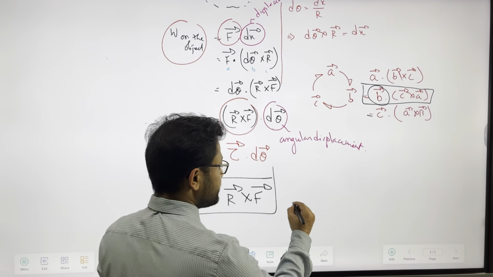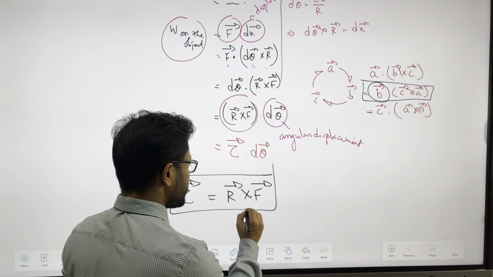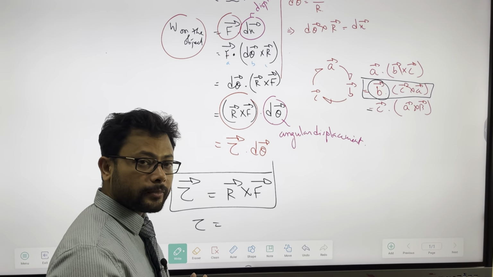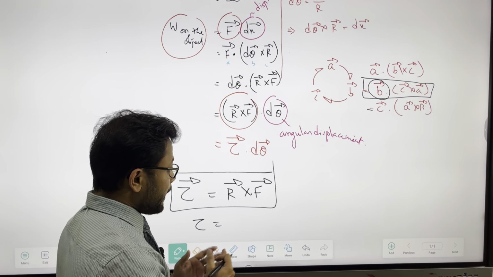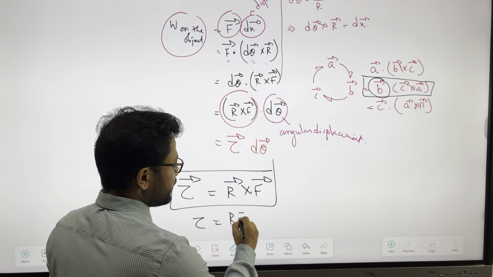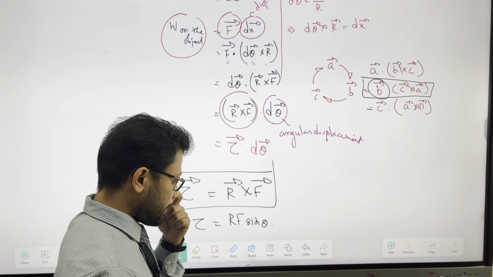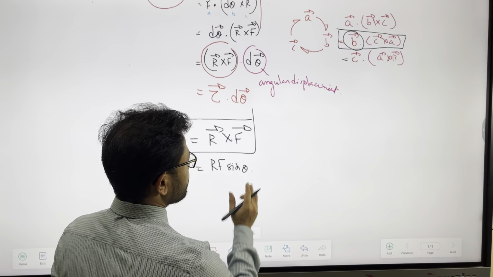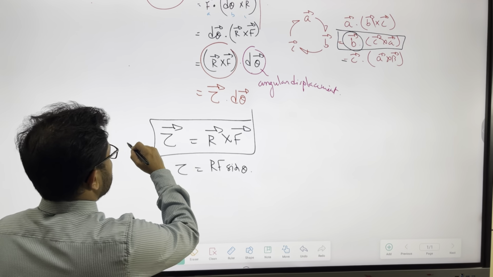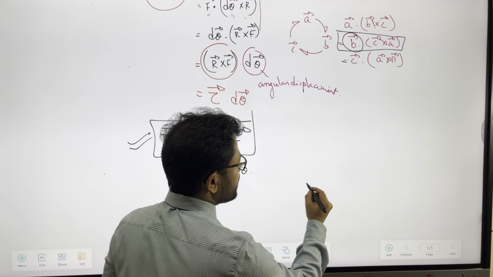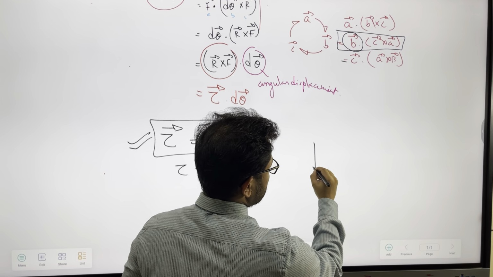And if we do the calculation of this cross product and write the magnitude, it's going to look like r F sine theta. The interesting thing is, this is a very basic formula. All right, now let's do some example based on this thing.